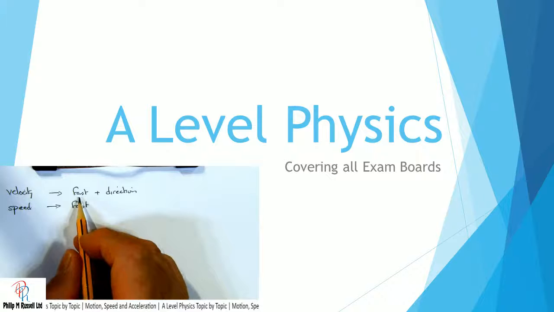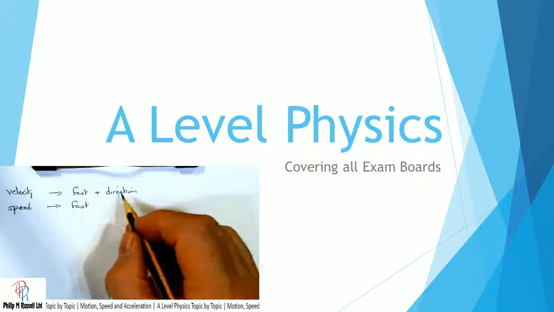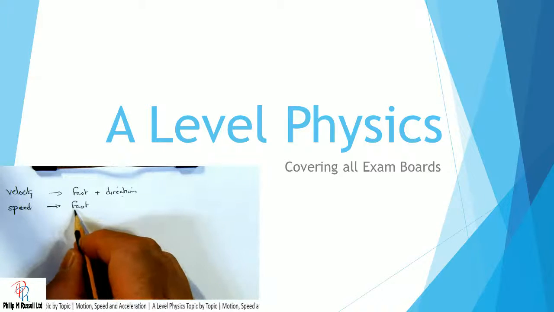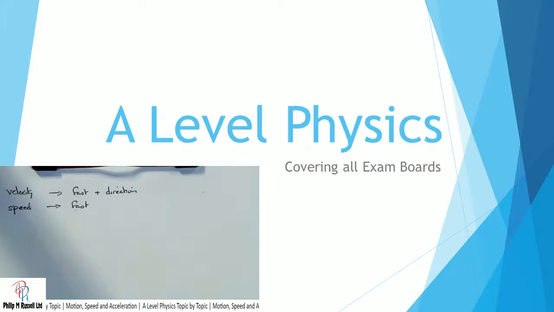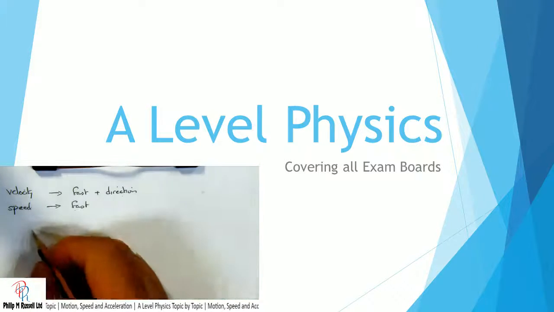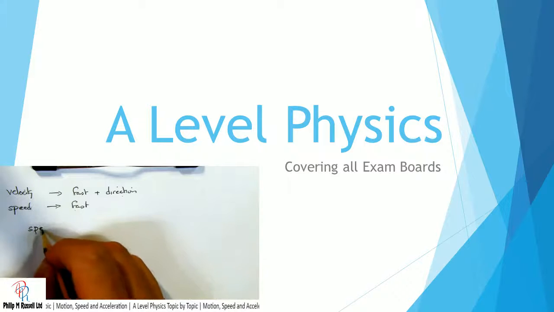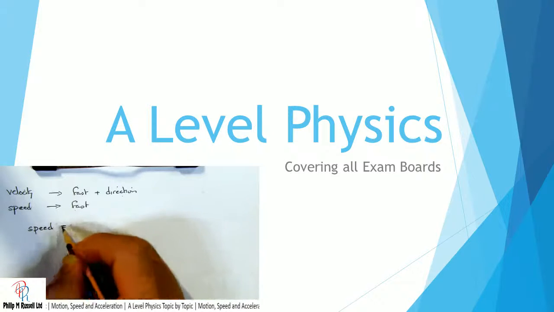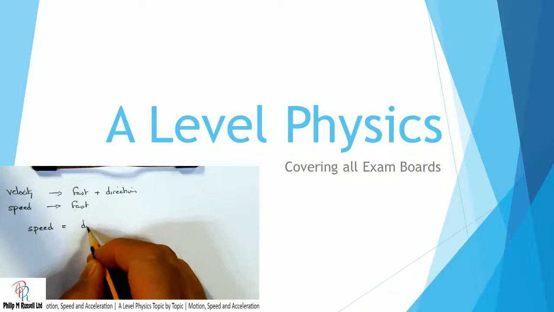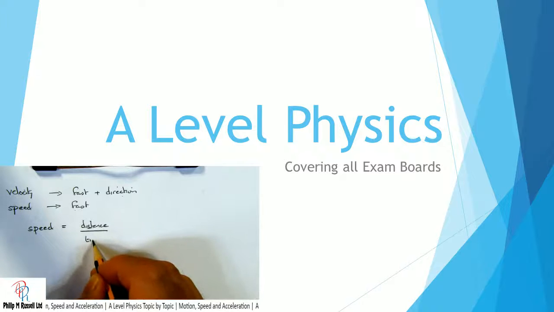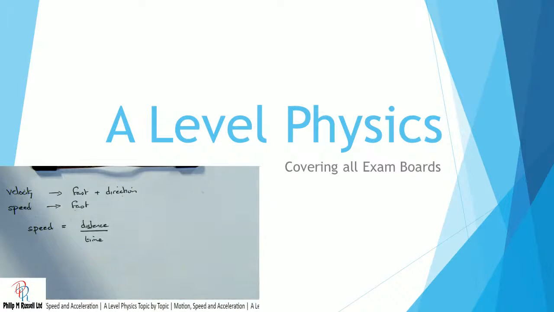So we've got magnitude and direction, and speed is only how fast, the magnitude. From elementary GCSE maths, speed is the distance divided by the time taken to cover that distance.